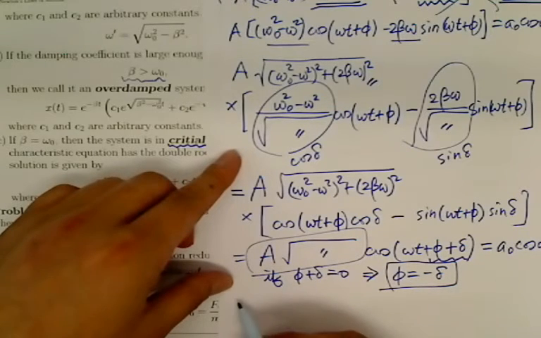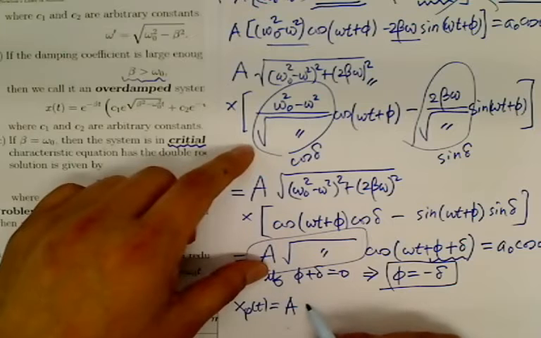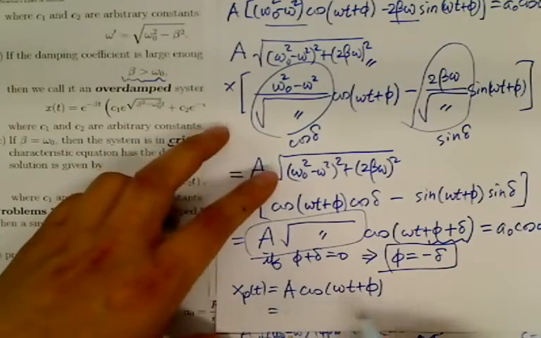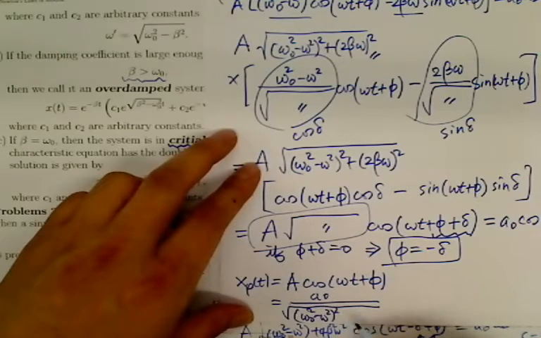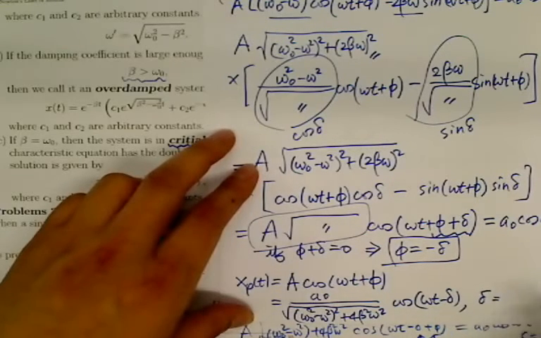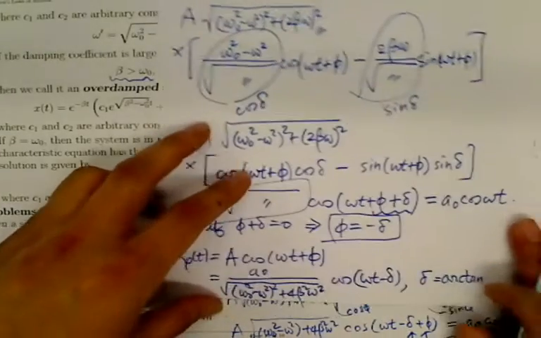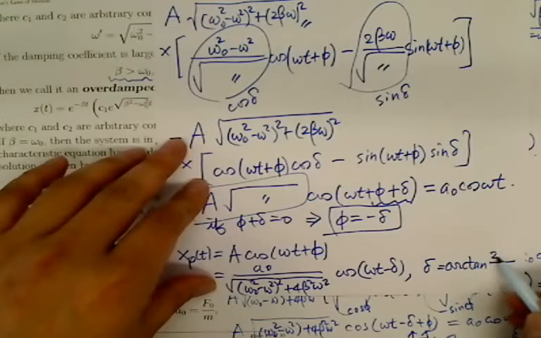So the particular solution x is amplitude A cosine omega t plus delta plus phi, but phi is minus delta, and A is A0 over the square root of omega 0 squared minus omega squared squared plus 4 beta squared omega squared, cosine omega t minus delta, where delta equals arctangent of 2 beta omega over omega 0 squared minus omega squared.